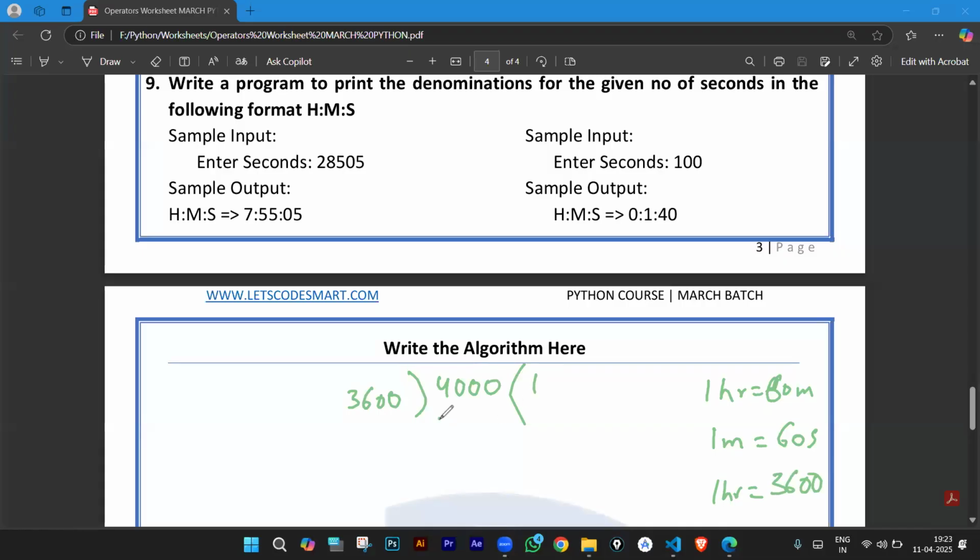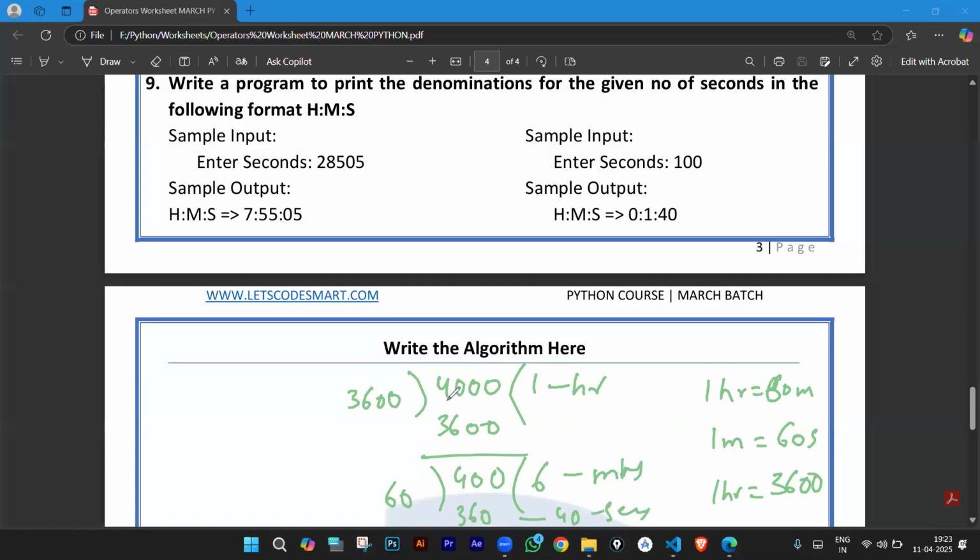So we have 1 hour and next we have 400 seconds. 400 seconds is equal to how many minutes? Hours are done. 1 minute is equal to 60 seconds, so divide that with 60. 6 you will get. So 1 hour, 6 minutes, and how many seconds left? 400 minus 360, 40 seconds.